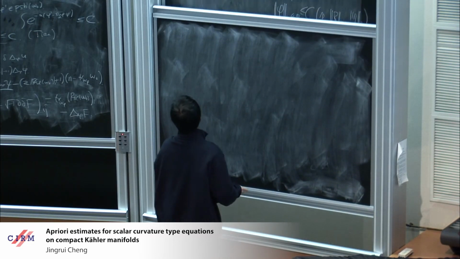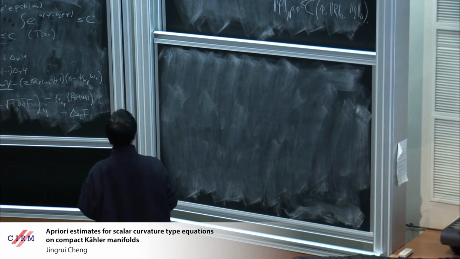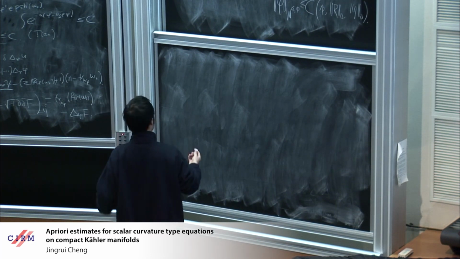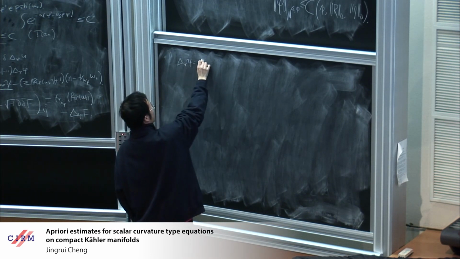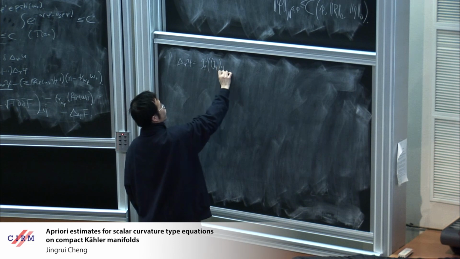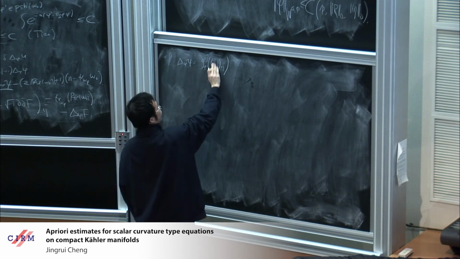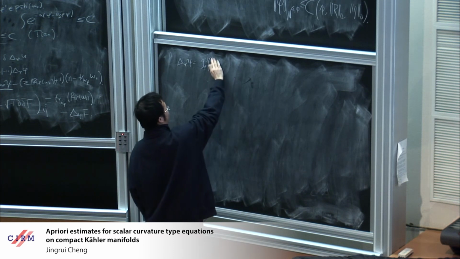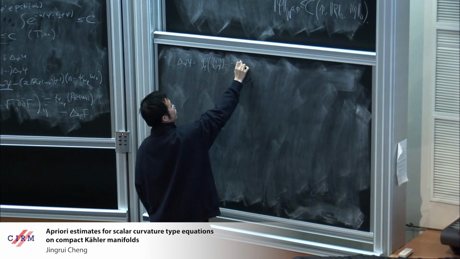For that, you have to again go back to the coordinates. Laplacian phi of psi, again by definition, is g phi ij bar times psi ij bar. What I want is to write g psi ij bar minus g ij bar.